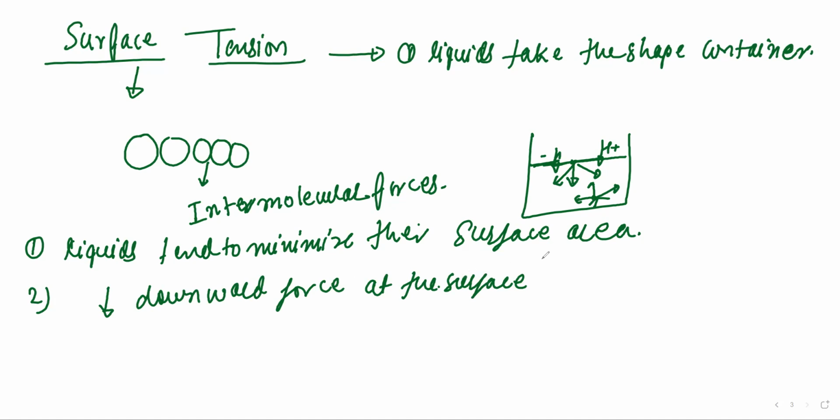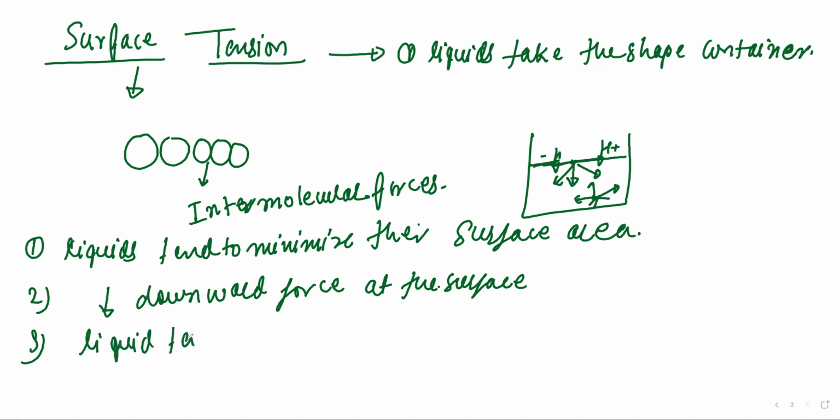The bulk molecules do not experience any net force. Therefore, the liquid tends to minimize the number of molecules at the surface, right? Due to the downward force, it tends to minimize its surface.